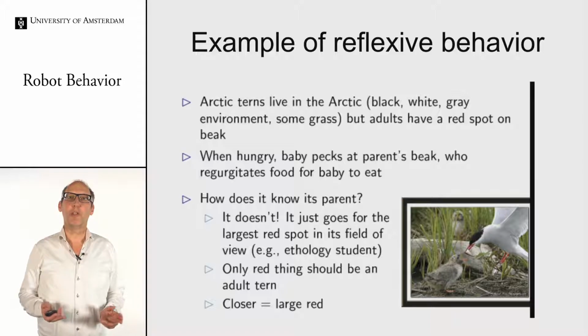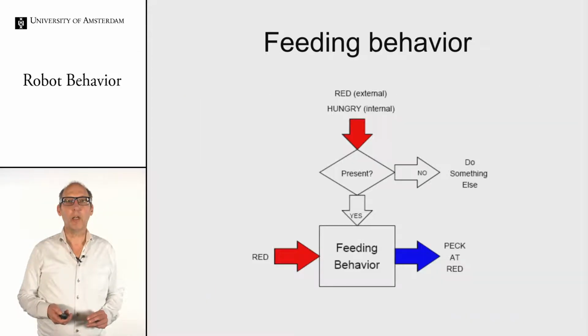And they wondered how the young know that they will be fed. And actually they found out that there are only two stimuli. First, you have to be hungry. At the moment something red is presented to you, then you start to ask for food, the feeding behavior.